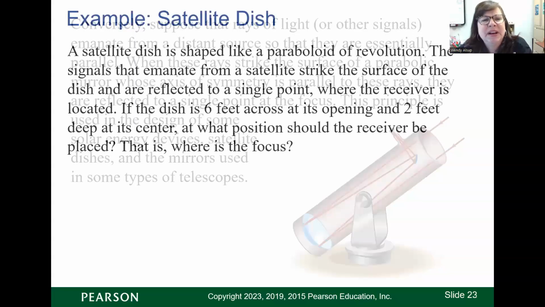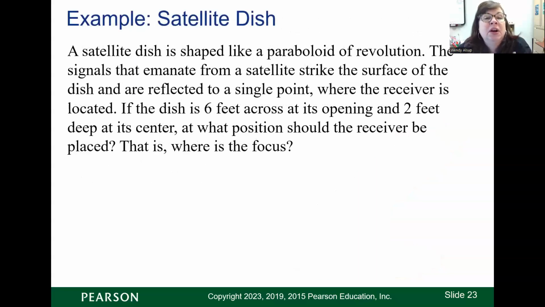All right, so let's think about a satellite dish. We're going to have a satellite dish that's shaped like this paraboloid of revolution. The signals that come from the satellite strike the surface of the receiving dish and are reflected to a single point where the receiver is located.